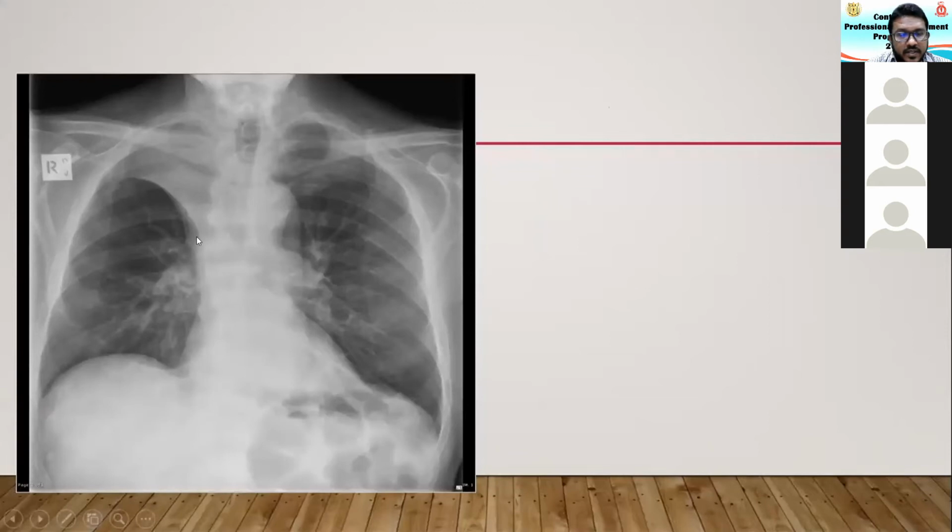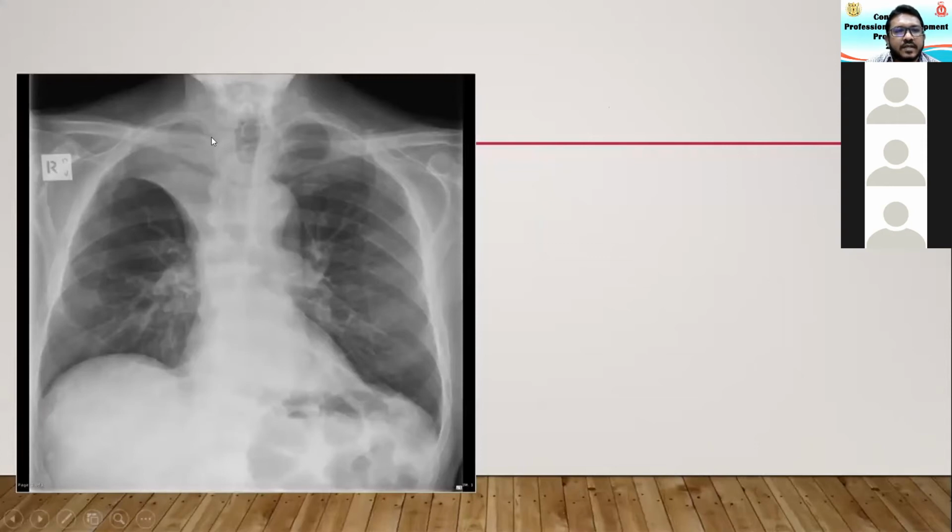When it comes to the other side, this is a very common scenario in adult smokers, where you get an upper lobe collapse because of some sort of bronchial obstruction, mainly tumors, bronchial carcinoma. Then you can see that the right horizontal fissure has elevated.